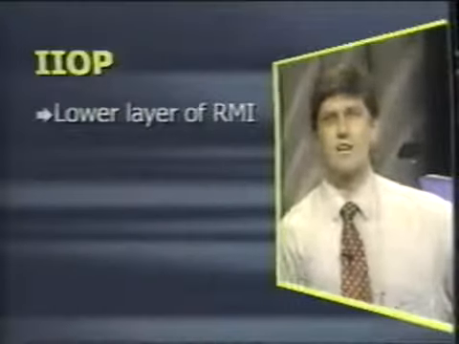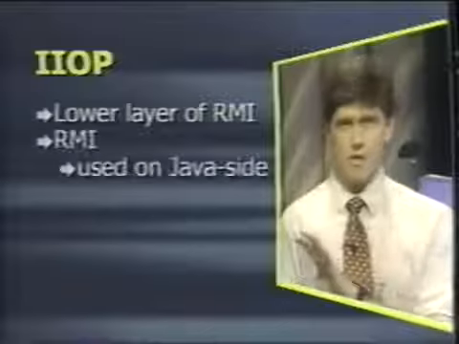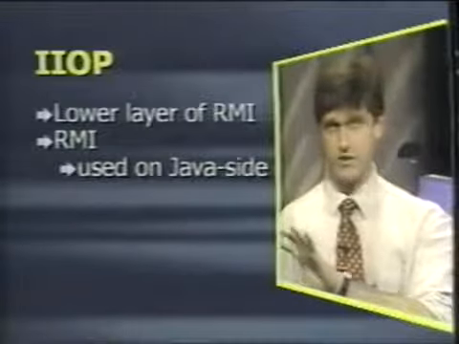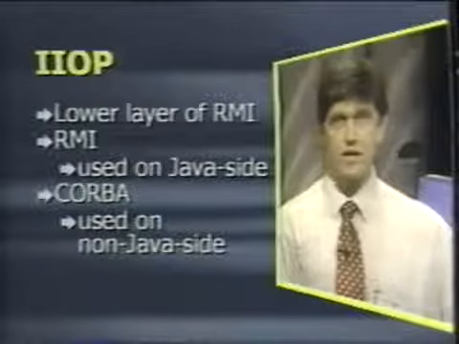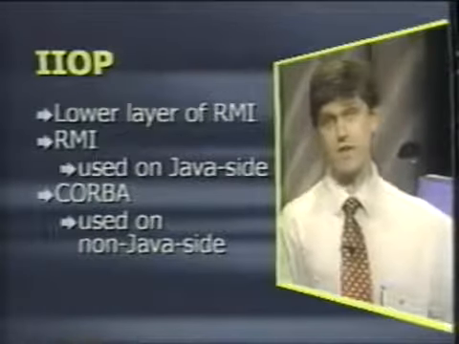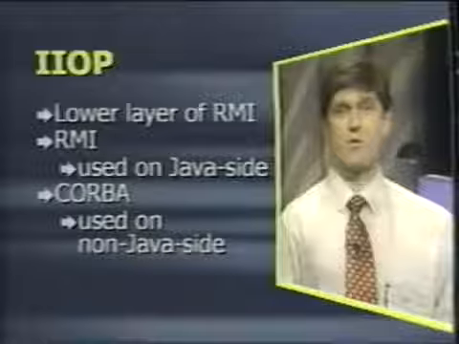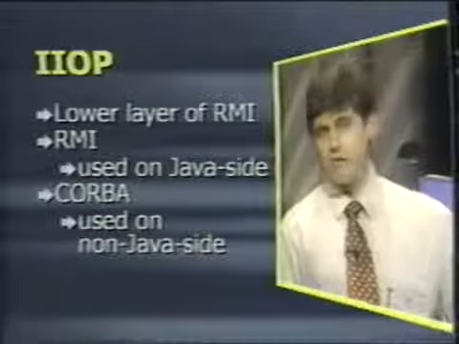What this is going to allow you to do is use RMI on the Java side of a distributed application and use CORBA via IIOP on the non-Java side of it. And this is a really interesting thing. It'll be available in a future Java development kit. It's going to have the very same semantics on the RMI side that RMI developers are used to, and on the CORBA side, it's going to have the same semantics as the CORBA users are used to.